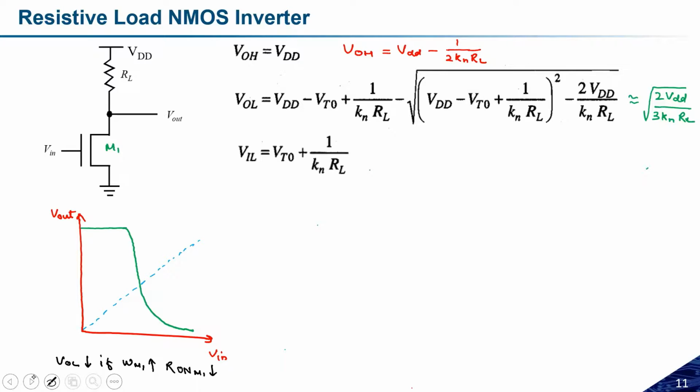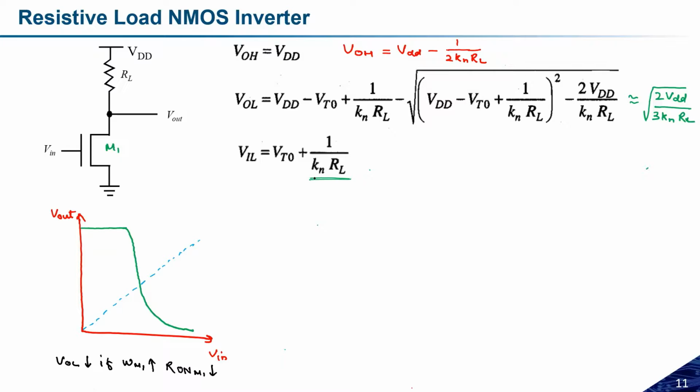Next parameter is the VIL. Directly, I'm just writing what the VIL is, and that VIL depends on the VTH. VTO is nothing but the threshold voltage of this transistor, and 1 upon Kn into RL. So if Kn is increasing, meaning mu Cox W by L is increasing, in that case this factor will be lower, and VIL will be close to VTH.